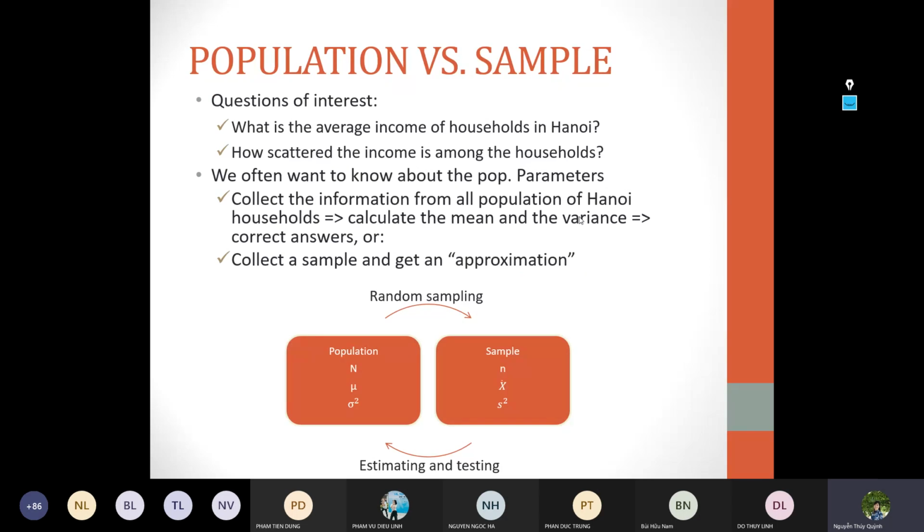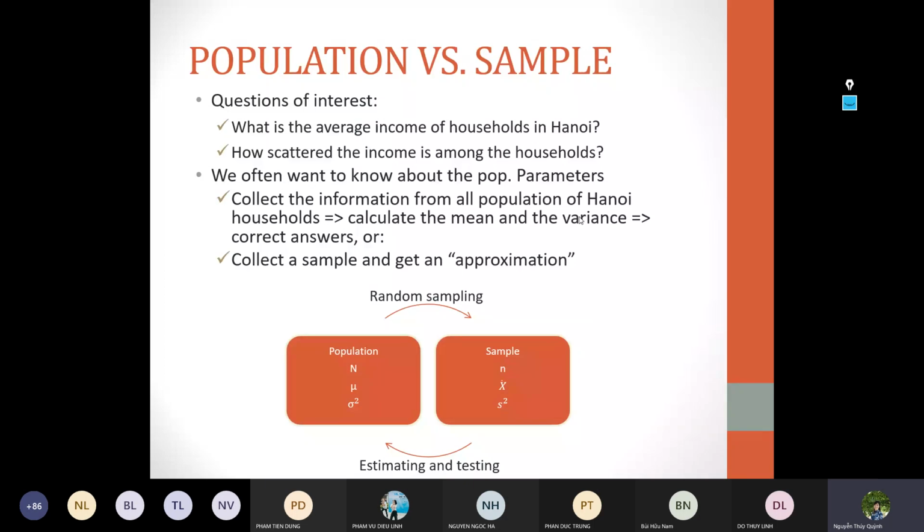When we investigate the population, we usually want to know the characteristics of the population. Those characteristics are often expressed by the parameters of the population.